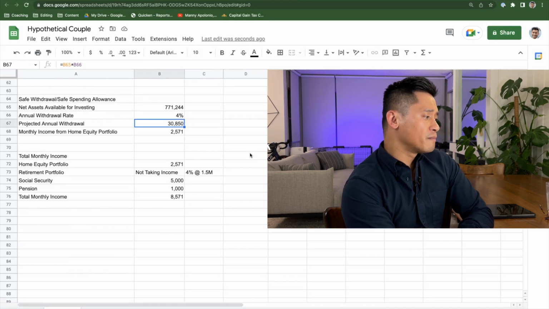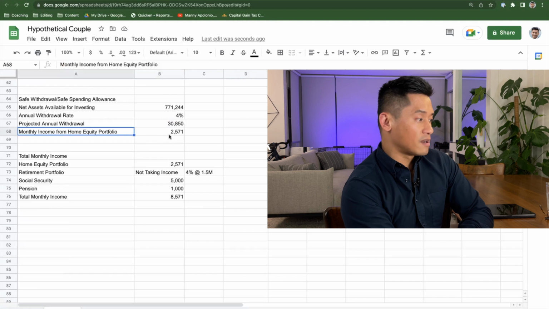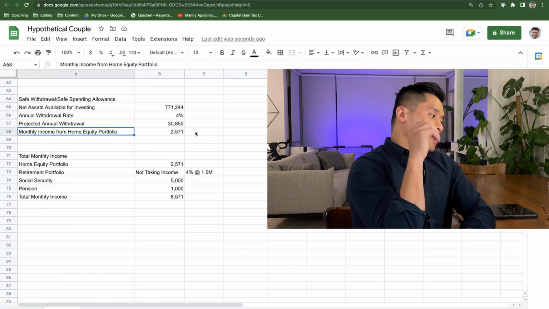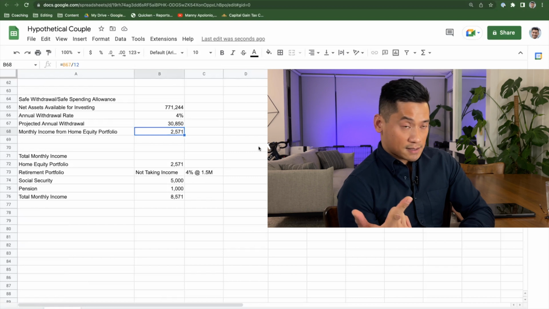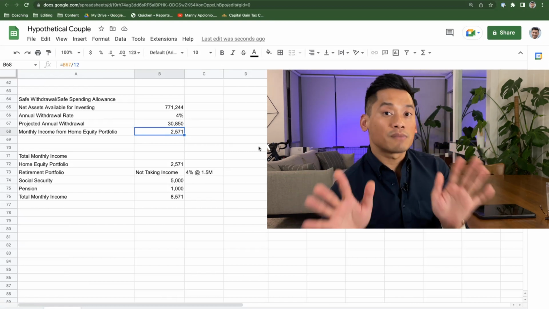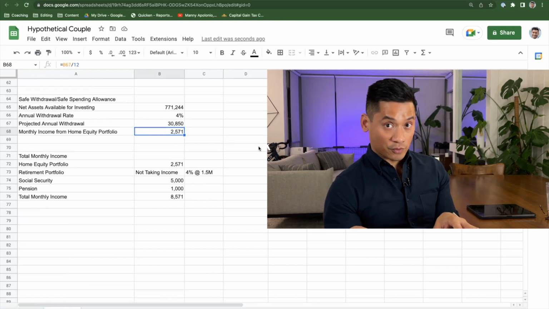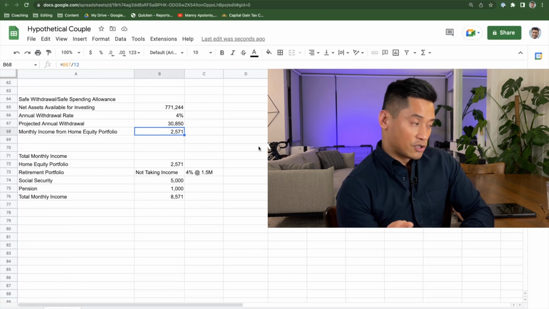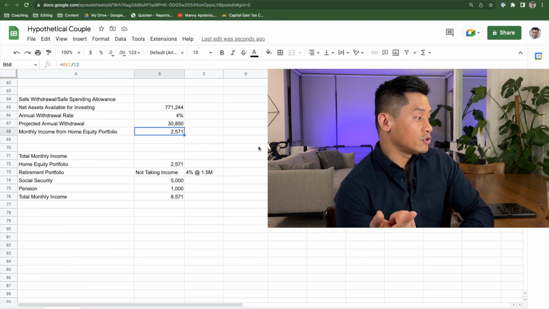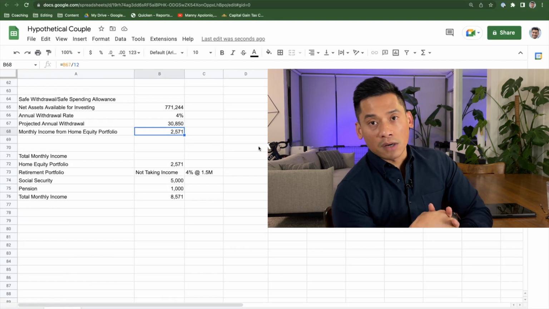And if you divide that by 12, you'll get a monthly number. So that means they were able to sell their home in San Francisco, pay all the taxes, and they're going to have a house in Palm Springs that's completely paid off, right? Walk away with $771,000, which is going to turn into $2,500 in monthly income.